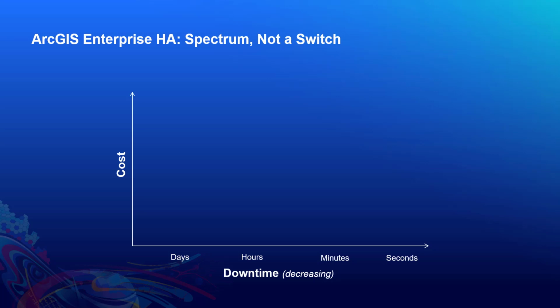It's not a switch. It's not whether your system and your architecture is highly available or not. It's how far along the spectrum are you highly available. As your system requirement and your SLA, so your service level agreement, warrants more and more availability and more tolerance to failures, it's going to cost more and more.